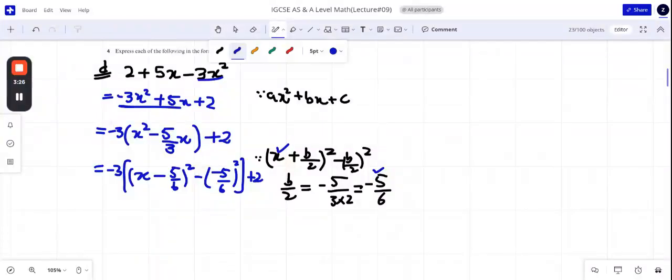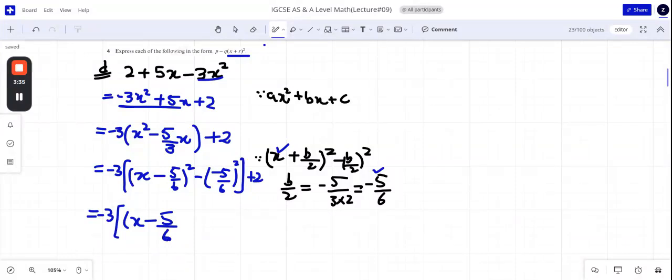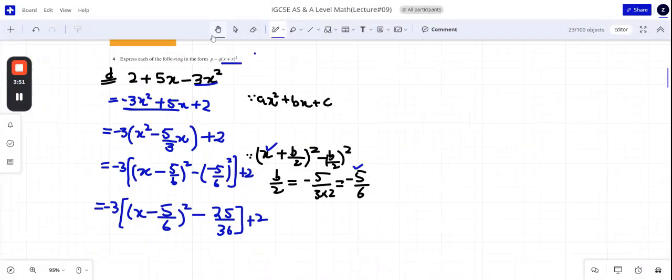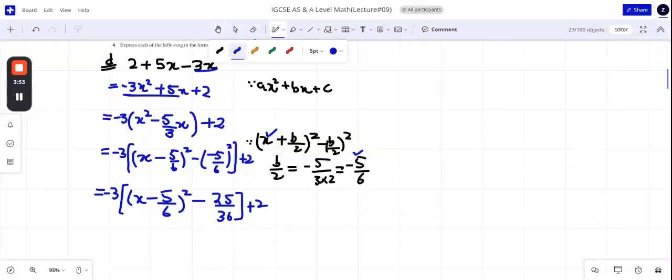Now minus 3 again we keep the same, and the completing square will also remain the same, x minus 5 by 6 whole square. Here the square of the minus will always be plus. Then 5 squared is 25 and 6 squared is 36. Then outside the bracket plus 2 we keep the same. After that we have to multiply the minus 3 with the inside of the bracket, means we need to expand this term.